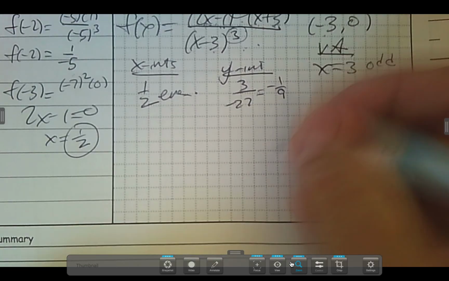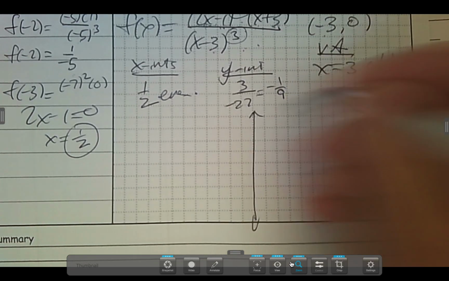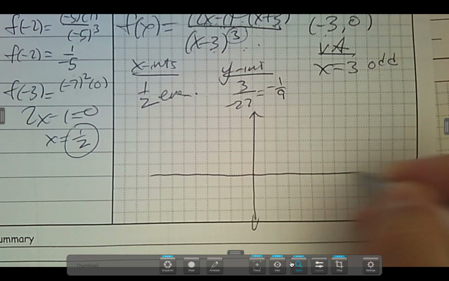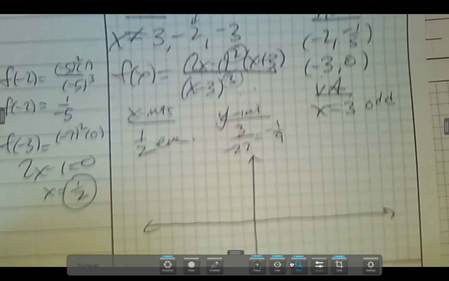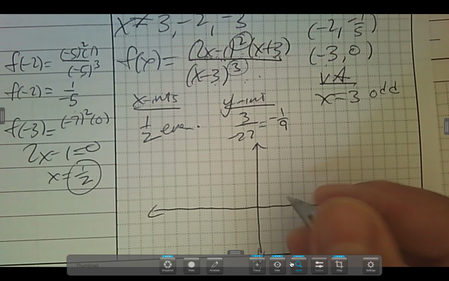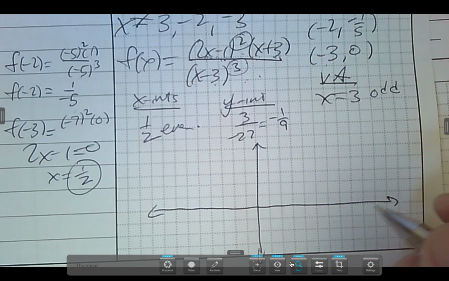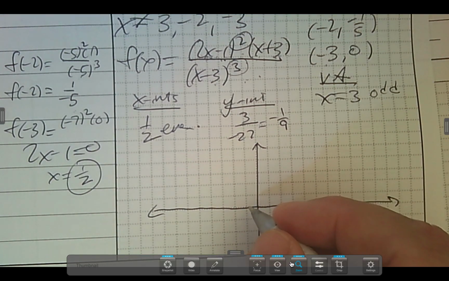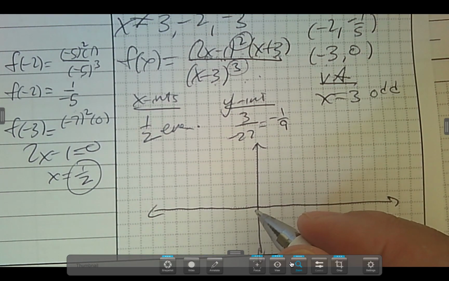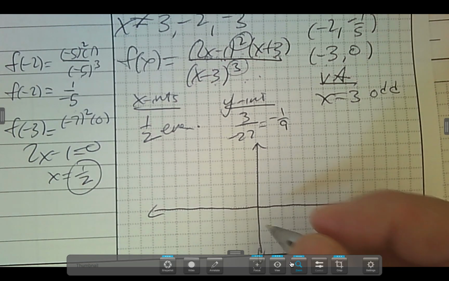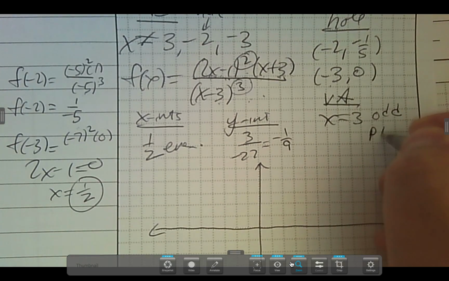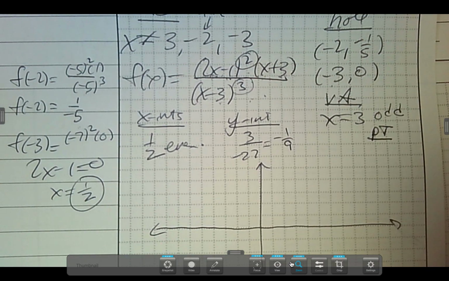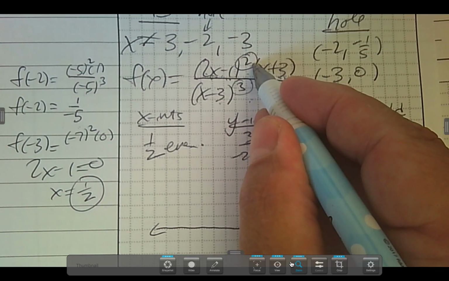All right, so we're going to just sketch it to the best of our abilities. So what do I know so far? At negative 3, 0. Oh, and I got to look at the horizontal or end behavior of this too. I'll do that in a second. So if I was going to look at the power terms to know the end behavior, I have 2x squared.